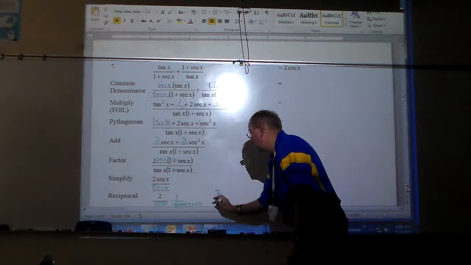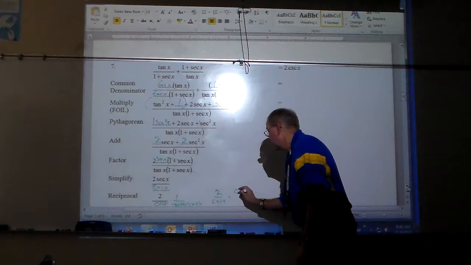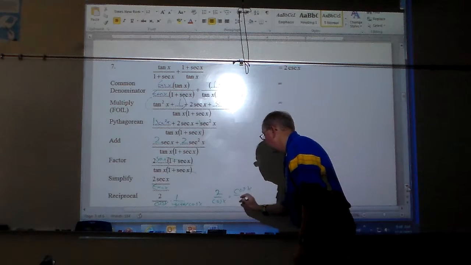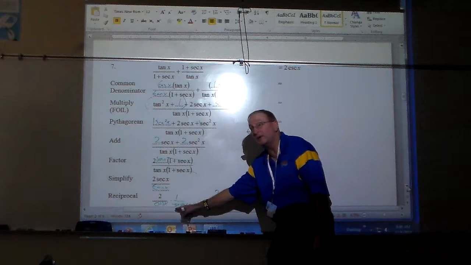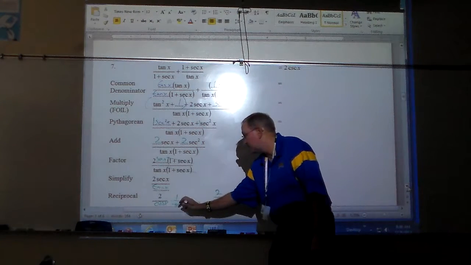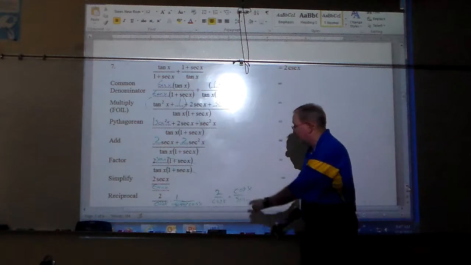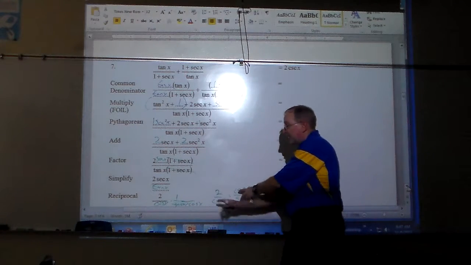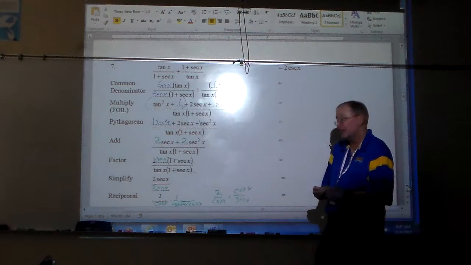If I do this, I'll have 2 over cosine x times cosine x over sine x. Right? This 1 divided by sine divided by cosine. When you divide by fractions, you got to multiply by the reciprocal. And the reciprocal of that times 1 is just going to give you this. Now, what can you see happens to the cosines?